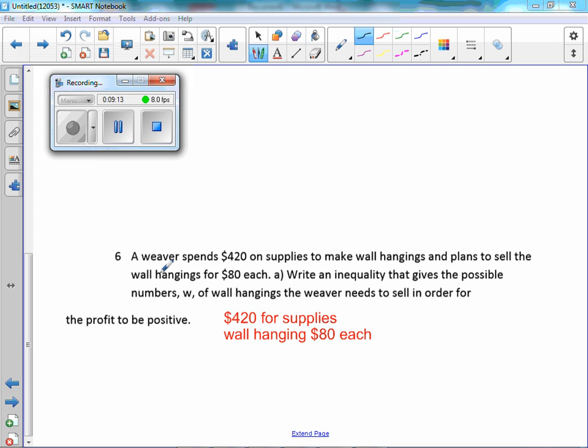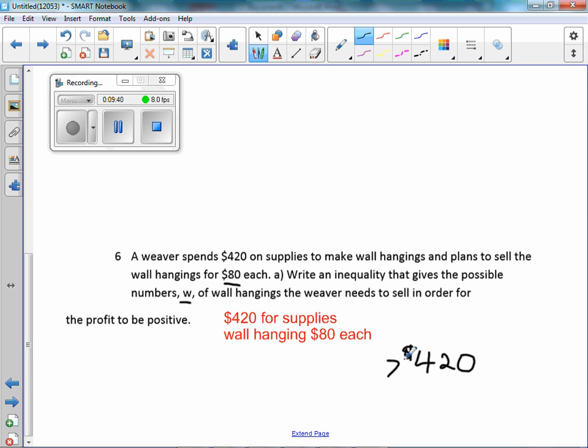A weaver spends $420 on supplies to make wall hangings and plans to sell the wall hangings for $80. Write an inequality that gives a possible number of wall hangings. So to make a profit, whatever he earns has to be more than $420.